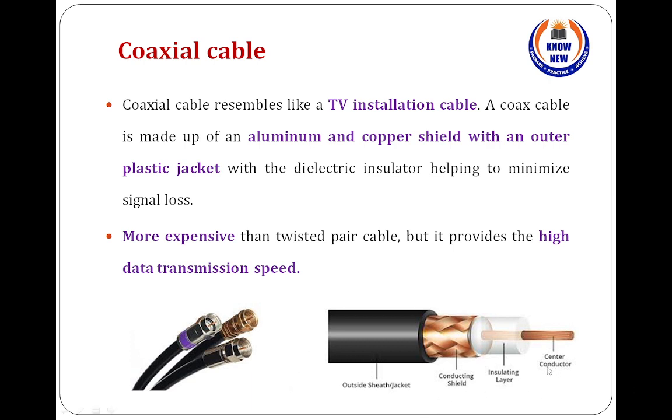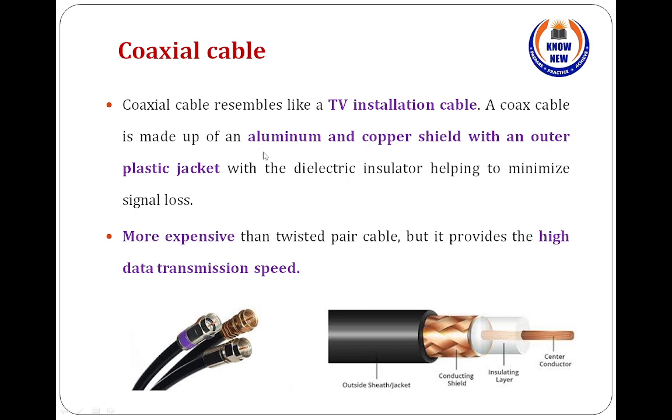It has a center conductor, and after that there are insulating layers, and there will be another conducting shield. Then the outside sheath is normally called a jacket. It will protect your internal parts from environmental damages.